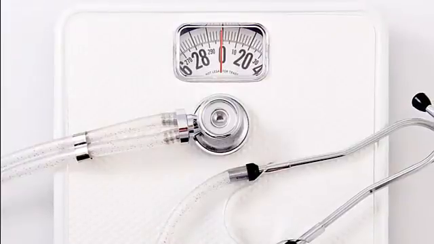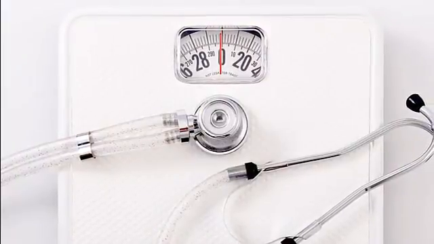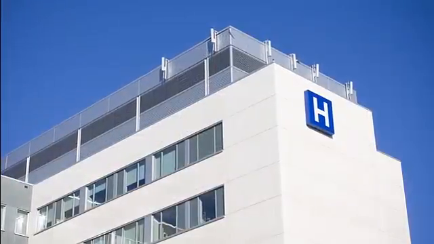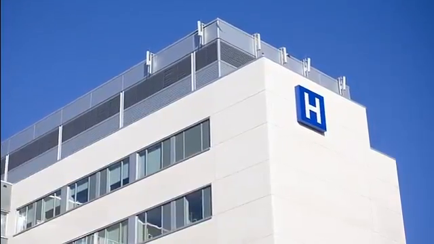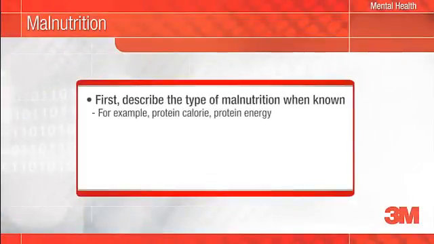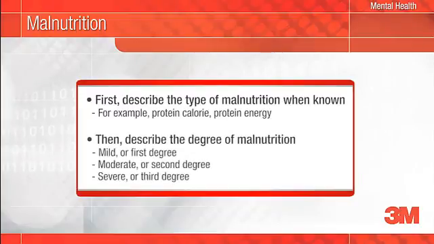Malnutrition is an underdocumented condition in the elderly. However, it is also an important indicator of your patient's severity of illness and an important influence on performance metrics such as readmission rates, length of stay, and quality outcomes. If your patient has malnutrition, you should document the clinical picture, the type, such as protein calorie or protein energy malnutrition, and the stage or degree.